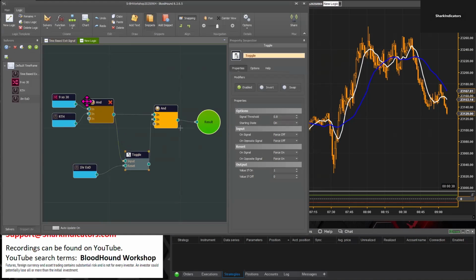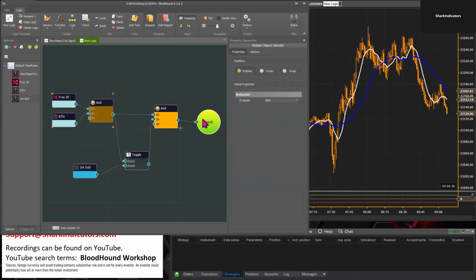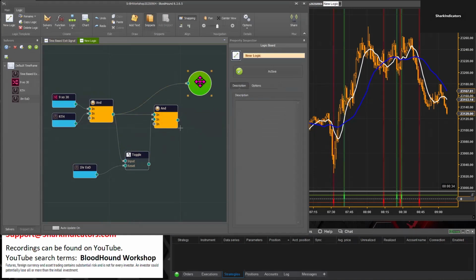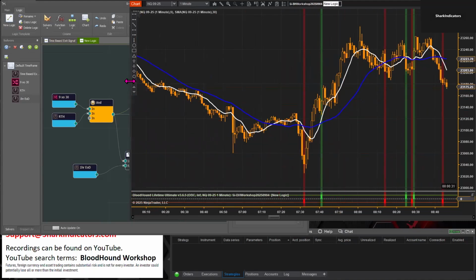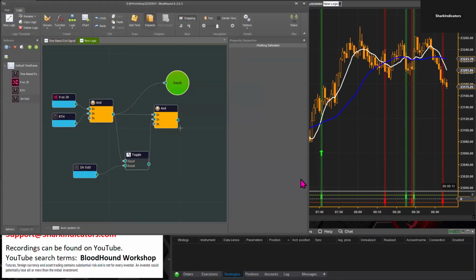So what's happening is our signals are coming in here, and let me actually take a quick look and mark it. Right, there we go. So the first signal of the day is that short cross down. And then I'll just mark another one there. So there's the second signal.